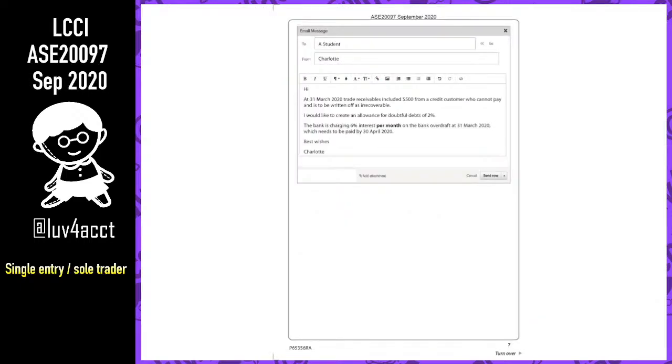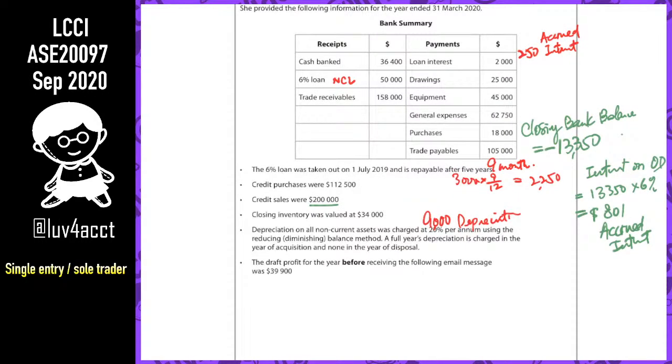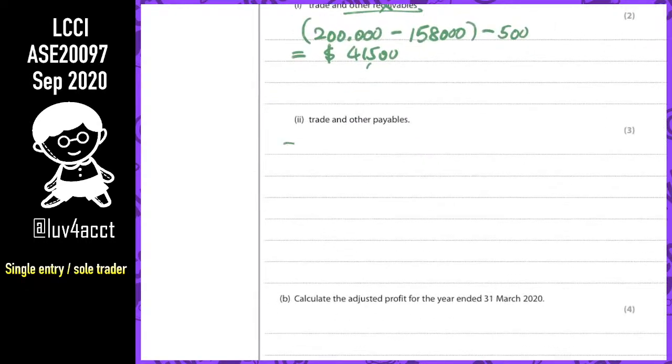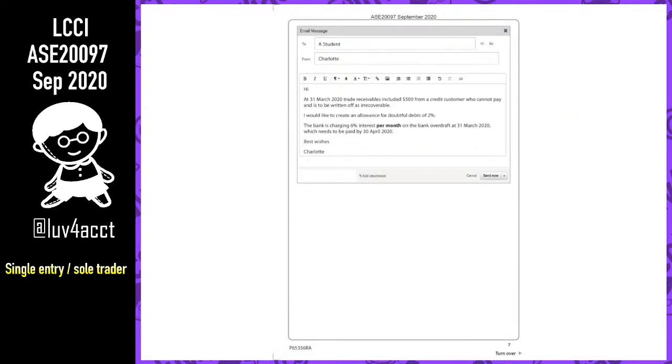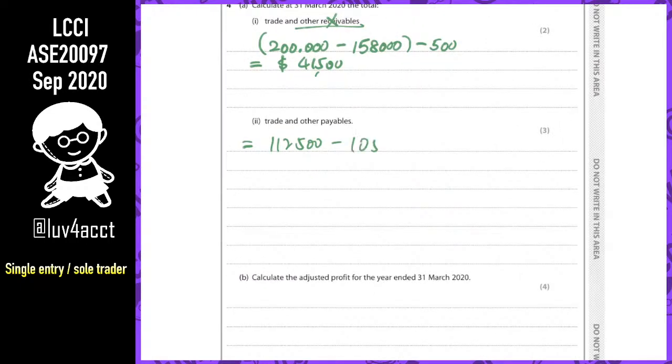For trade and other payables, we use the same method. Credit purchases given to us are 112,500, and then the payment to trade payables is 105,000. That is the balance for trade payables.